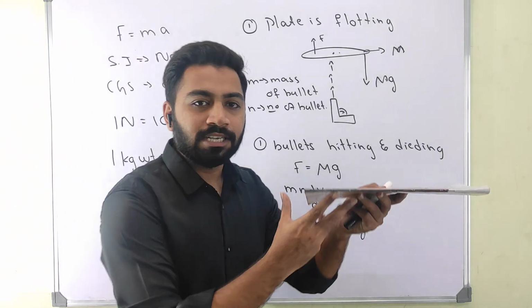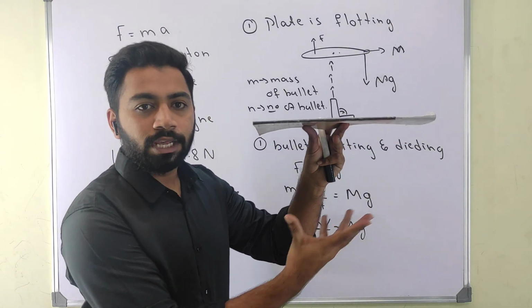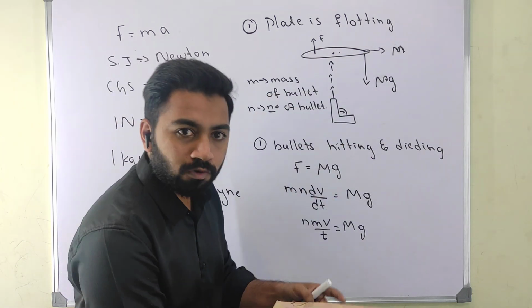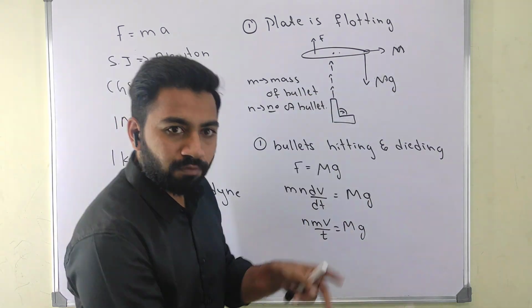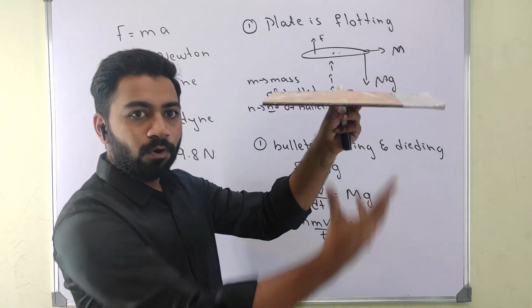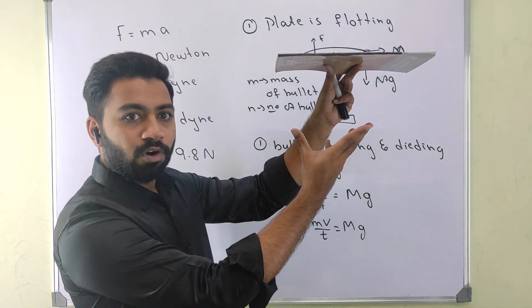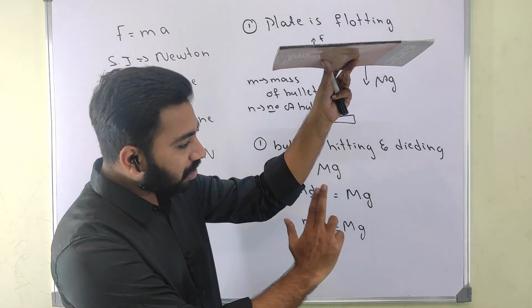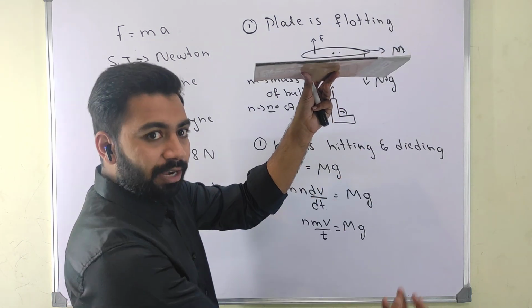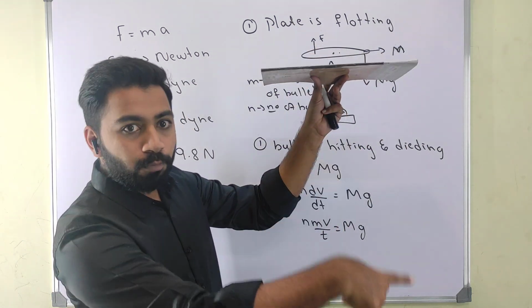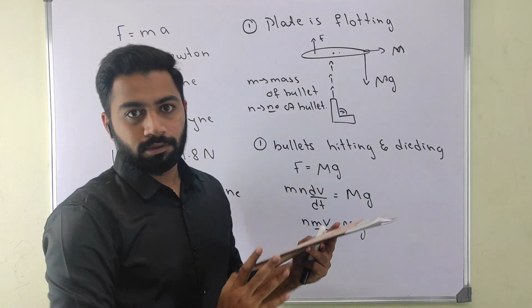For example, just imagine this is our plate and it is floating here. It can't float, right? It will fall downside because gravitation force is there. To make this float here, you are shooting from bottom. Now it is floating, which means what? The force given by your bullets and gravitation force must be equal. Then only both balance and it is in the floating equilibrium.